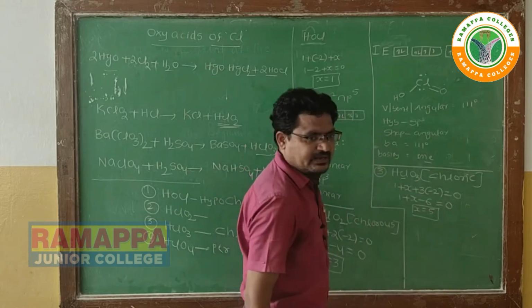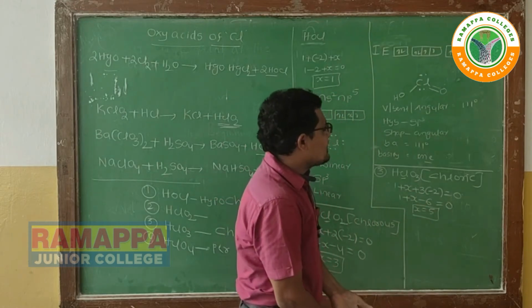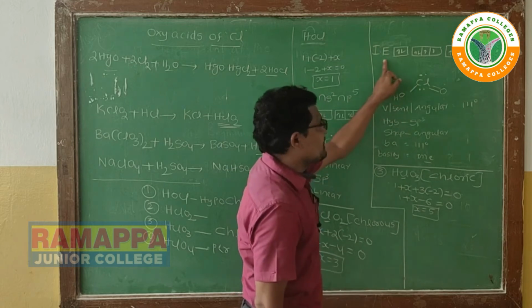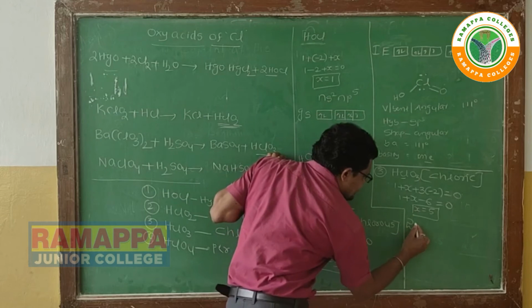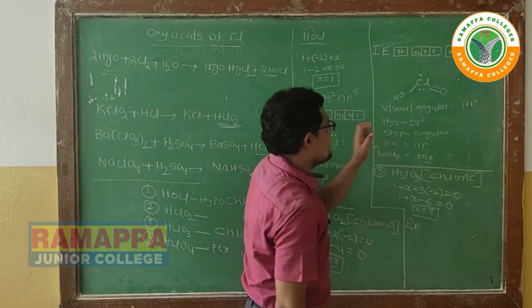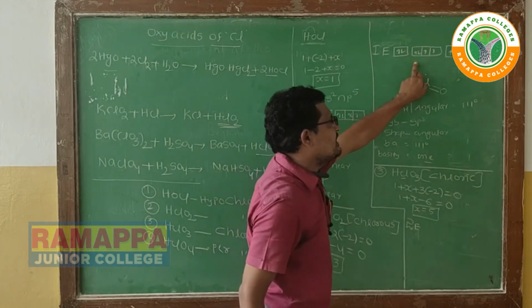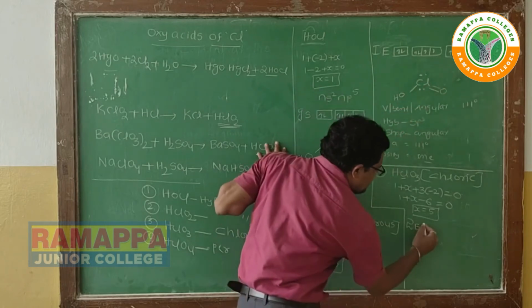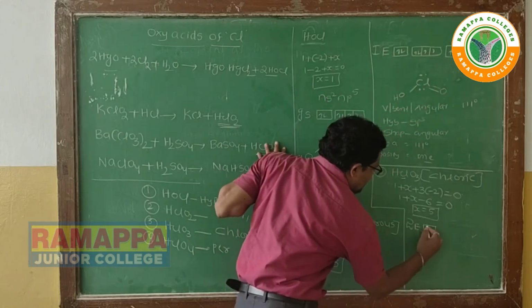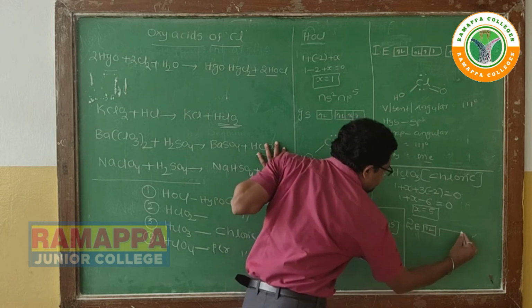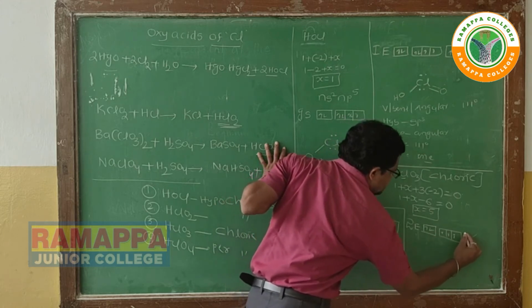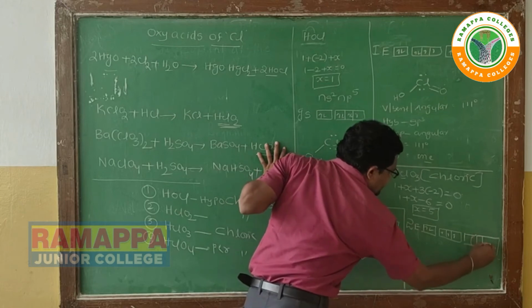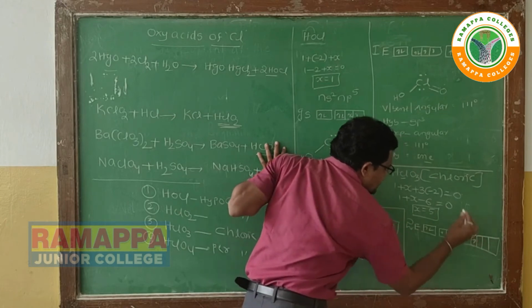X equal to 5. Those 5 unpaired electrons are in which excitation state? Simply the second excitation state. In the second excitation state, this lone pair of electrons enters that side. S contains 1 orbital, 2 electrons, and P contains 3 orbitals and 3 electrons, and D contains 5 orbitals, 2 electrons.